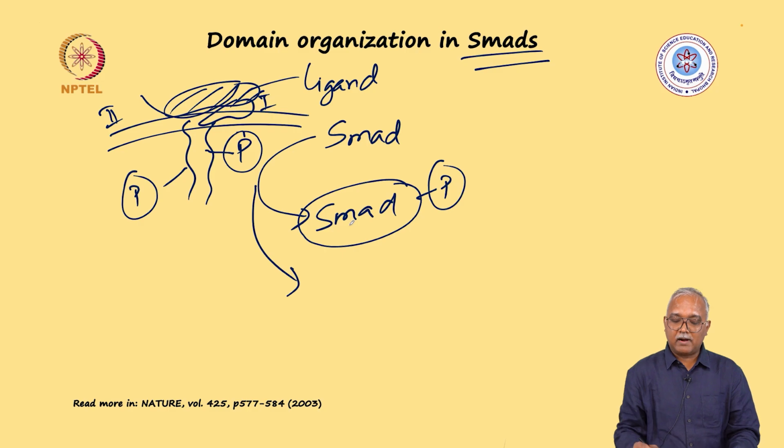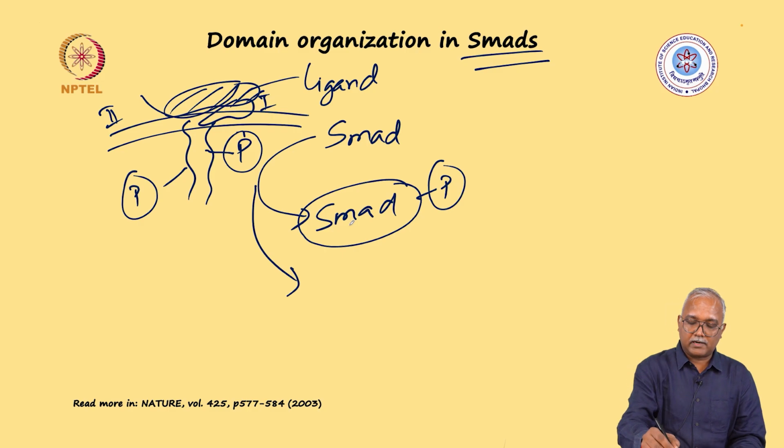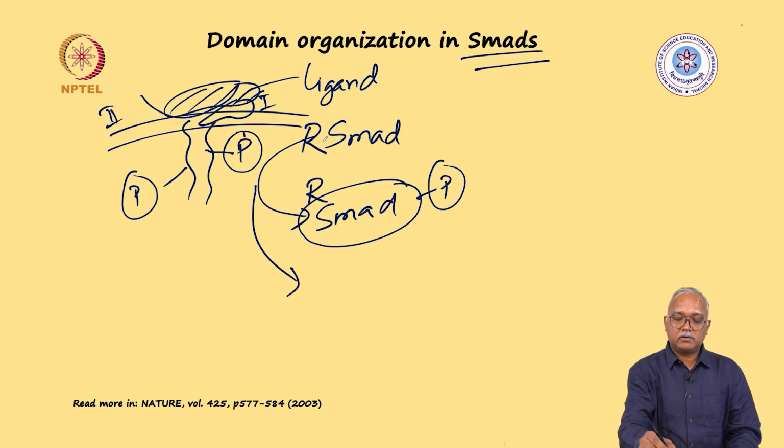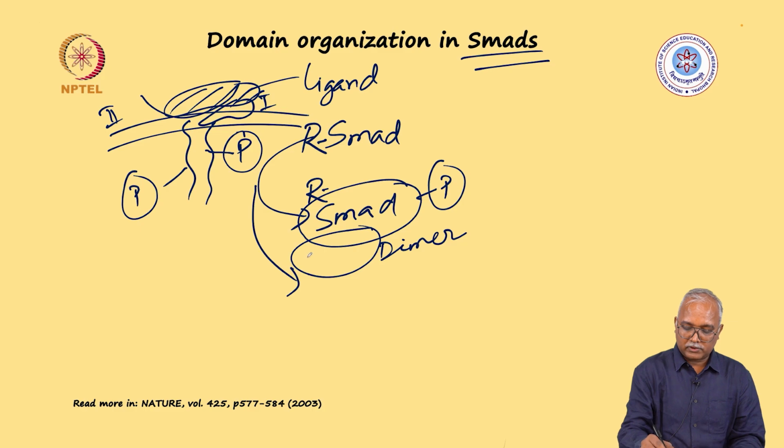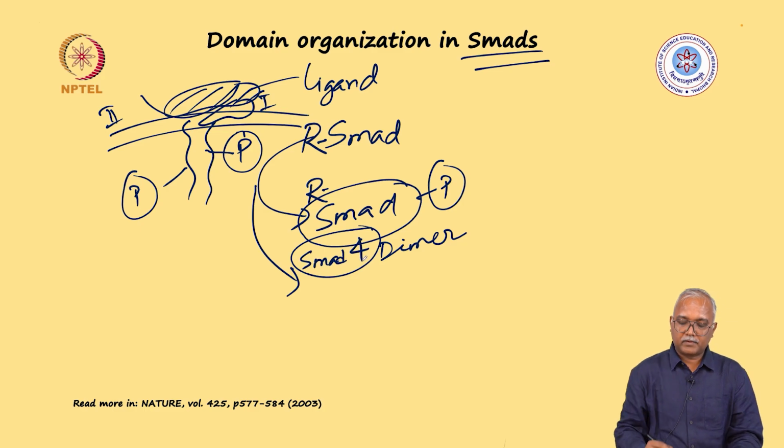Sometimes these SMADs which come directly in contact with the receptor are called R-SMAD, meaning SMAD which connects with the receptor. This phosphorylated R-SMAD forms a dimer, and it also needs another adapter molecule, which is SMAD4.